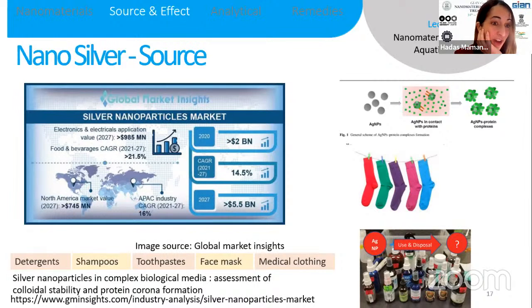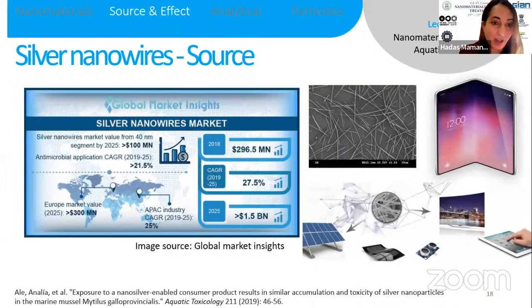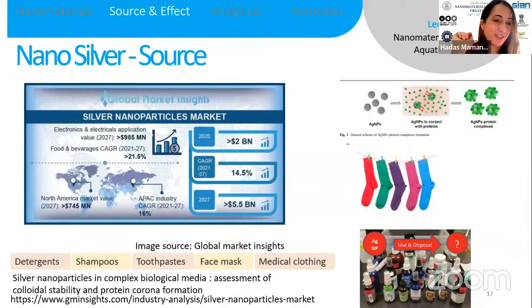Because we are talking about nanomaterial behavior in the aquatic environment. Keep the nano silver source. Let's think about the global market, because with all the nanoparticles that I've examined for this course, there is a rise in the production of all the different types of nanoparticles in the market.